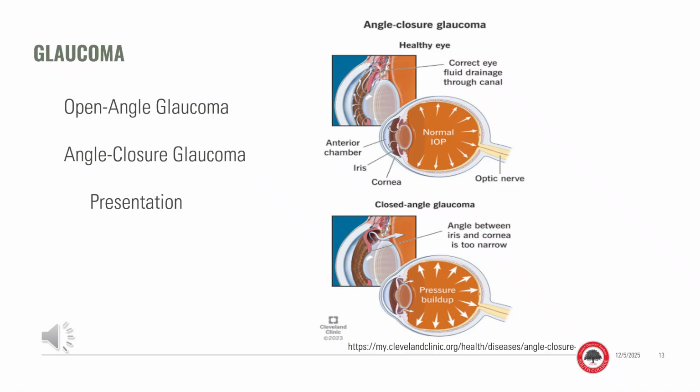So when you're looking at a red eye, always have angle closure glaucoma on your radar. Don't just assume it's a conjunctivitis, because you could be looking at something that's an ocular emergency.